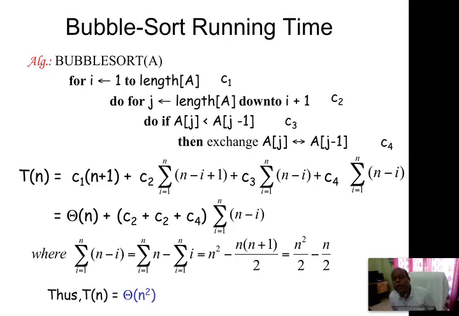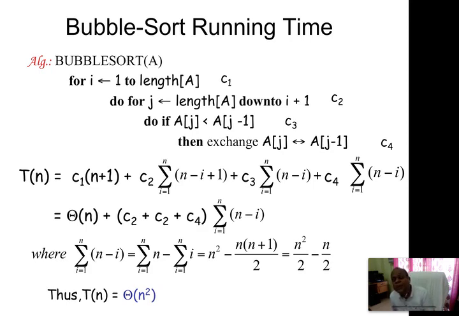Now for C2, how many times will it run? See, for the second instruction, for j is equal to length of A down to I plus 1, how many times will it run? For a particular value of the outer for loop, for a particular value of I, j will be length of A down to I plus 1.